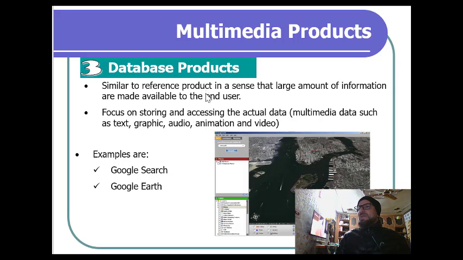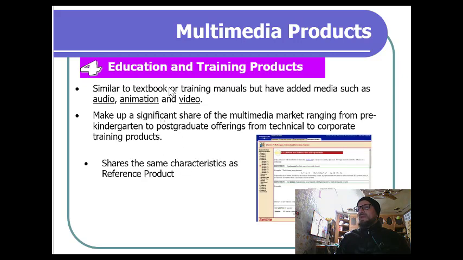Then there are database products, like Google Search, Google Earth, and so on. And similarly, we have education and training products where you have animations, videos, and courses on CDs and DVDs.